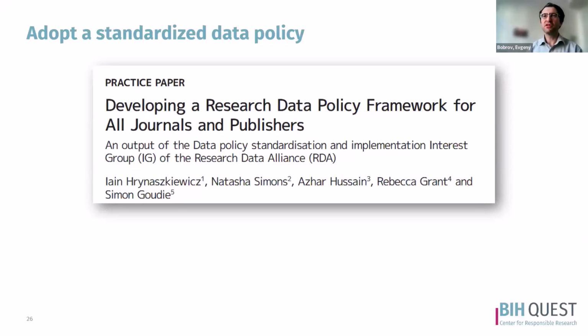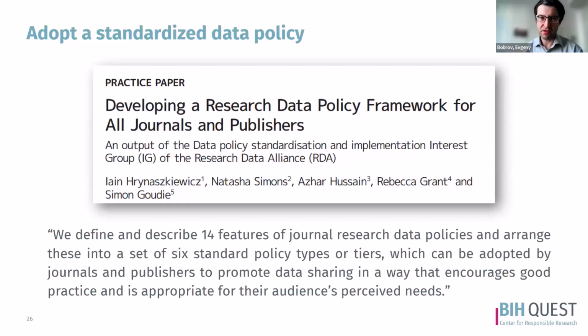So the Research Data Alliance, which is an international organization active in the convergence of different data management activities, has in one interest group developed a research data policy framework for journals and publishers. And in this framework, they define and describe 14 features, which cluster into overall 6 sets of different levels of journal policies.